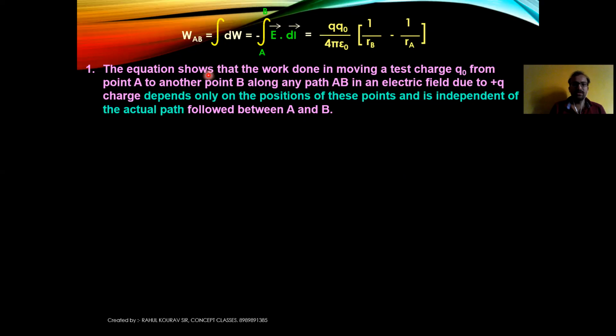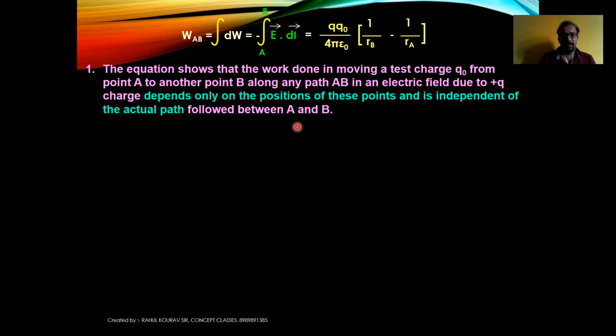The work done in the electric field due to plus Q charge depends only on the positions of the points. It is independent of the actual path. Listen, students, it is independent of the path followed between A and B.